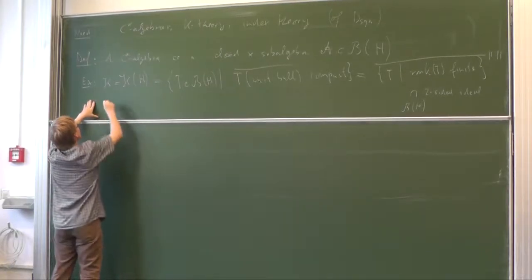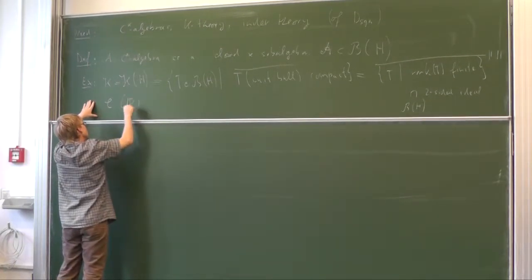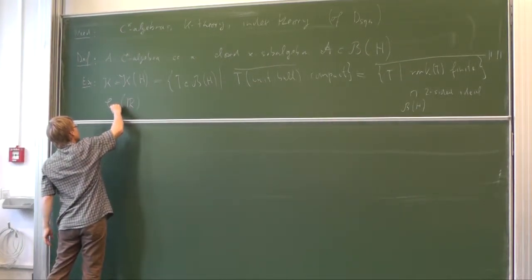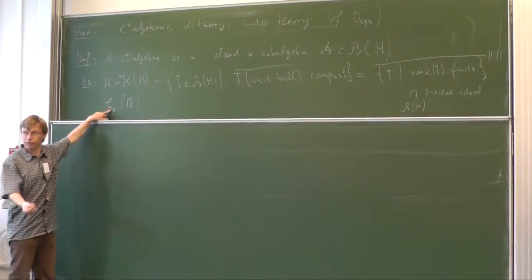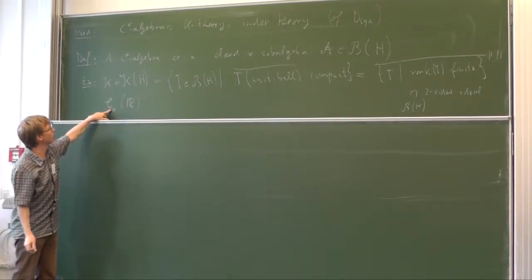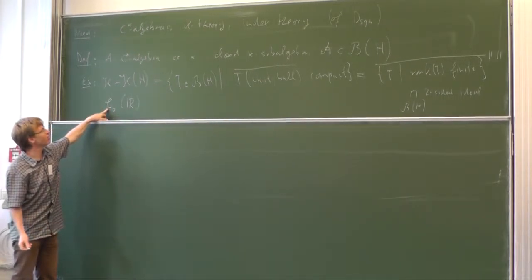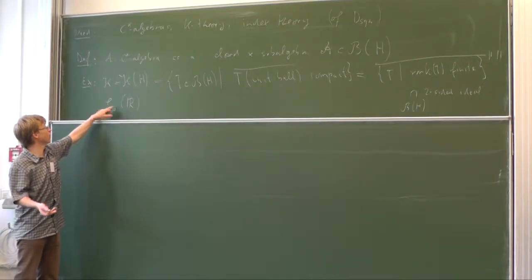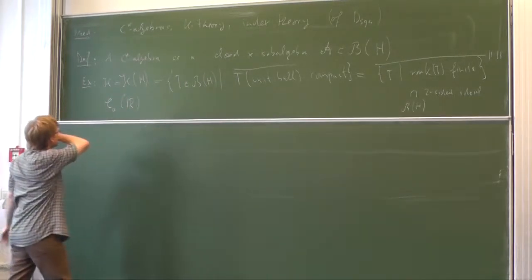Another one, function algebras, continuous functions on spaces, like continuous functions C_0 on the real line. The zero means vanishing at infinity, so going to zero as t goes to plus or minus infinity. That's also a C-star algebra, acting, for example, on L2 functions by multiplication. So what do you mean by that?